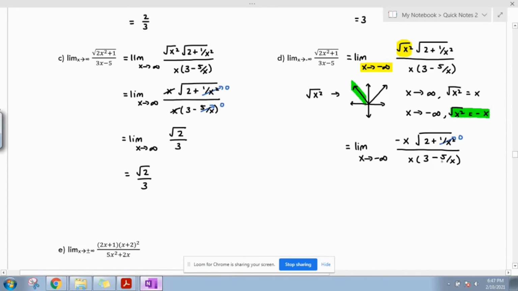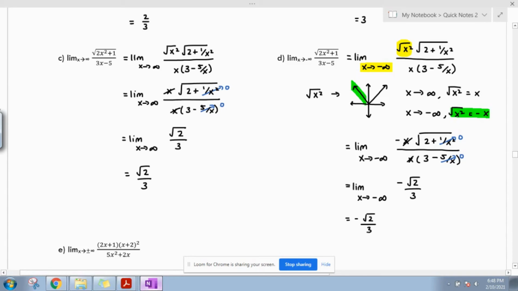That's still going to head over to 0. And then my x's can cancel as well. So I'm really left with the limit as x approaches negative infinity of negative root 2 over 3, and that just simplifies to negative root 2 over 3.